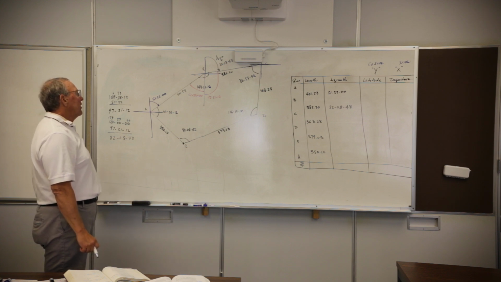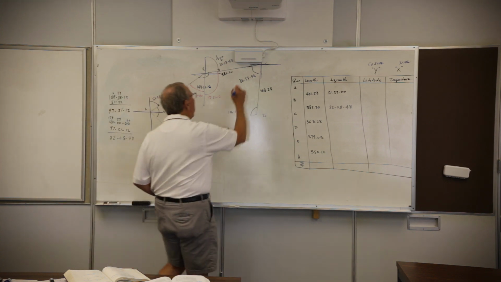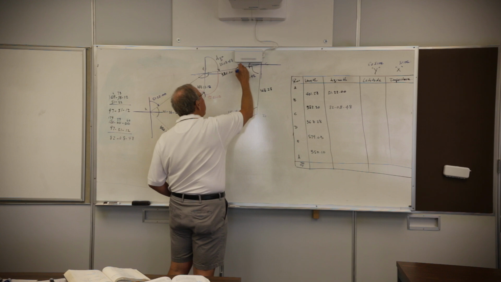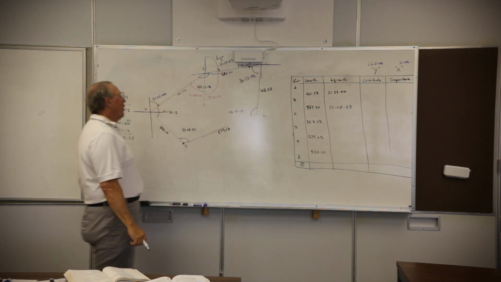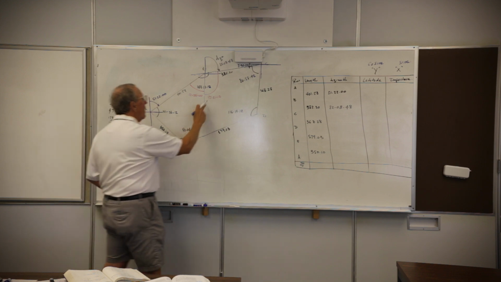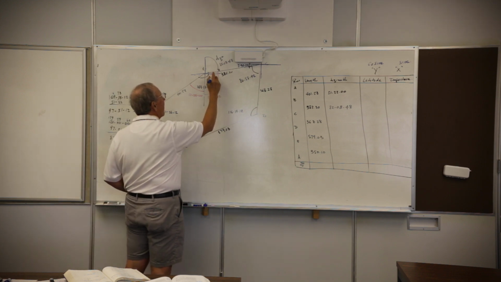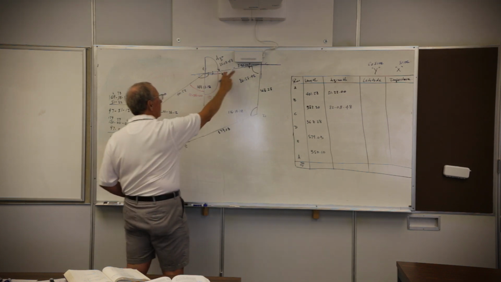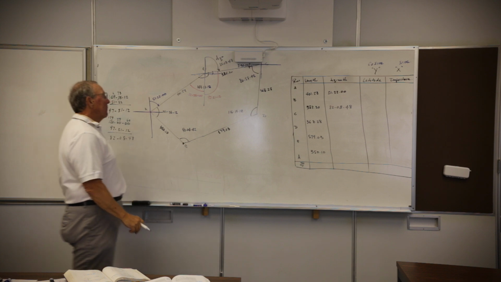I've got 75, 11, 12 right here. How do I know that? This angle is 97, so that angle right there has to be 75, 11, 12, and it's opposite, so that has to be the same.